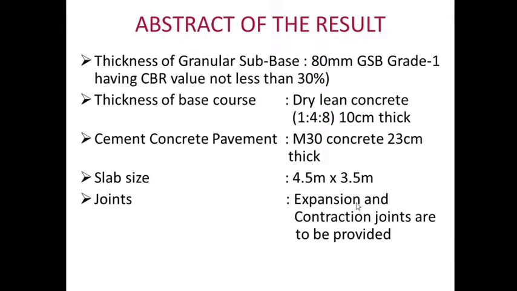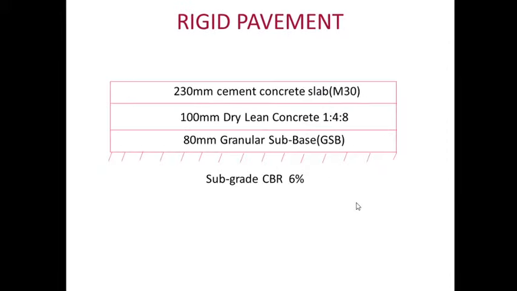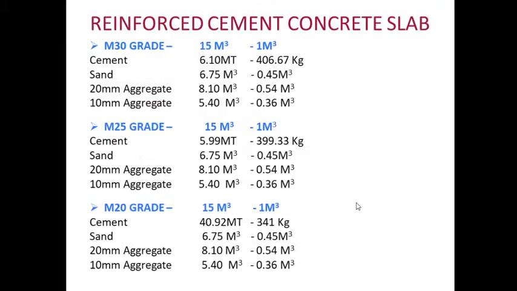Then the various layer thicknesses of rigid pavement. The subgrade CBR is 6%, so the subbase is 80 mm or 8 centimeter granular subbase, the base course is 100 mm dry lean concrete, DLC, and the cement concrete slab is 230 mm in M30 grade. Then, if you are using reinforced cement concrete slab, for M30 grade, 15 cubic meter is required.